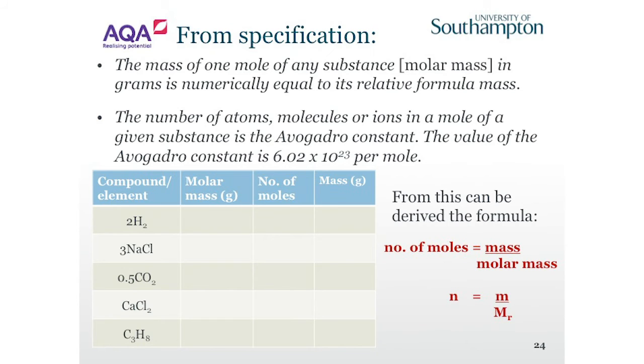We use the word entities in chemistry to represent atoms, molecules, ions, could be electrons. Maybe in your exam specification, but again use the terminology that's in the exam specification. And that number is what we call the Avogadro constant, 6.02 times 10 to the 23 particles per mole, or entities per mole.